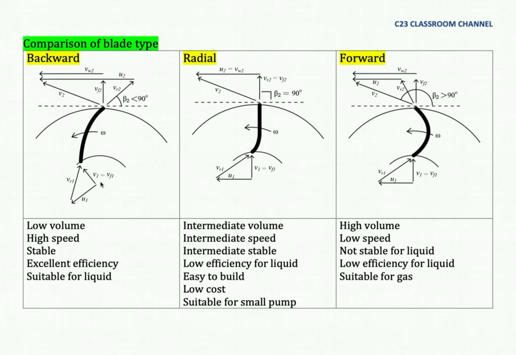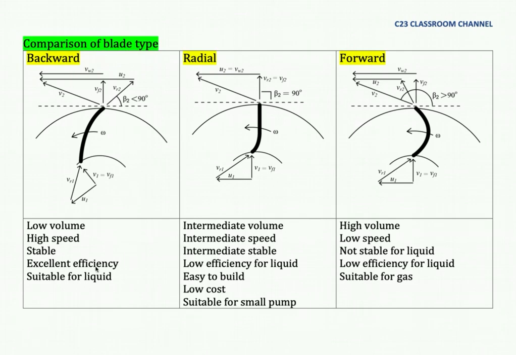So I simplified the value of V1 to be equal to 0, and it will make V1 equal to VF1. Also in radial, V1 and VF1 will occur like this, and this is V1 equal to VF1. I will explain why we could assume V1 equal to 0 in my next video.